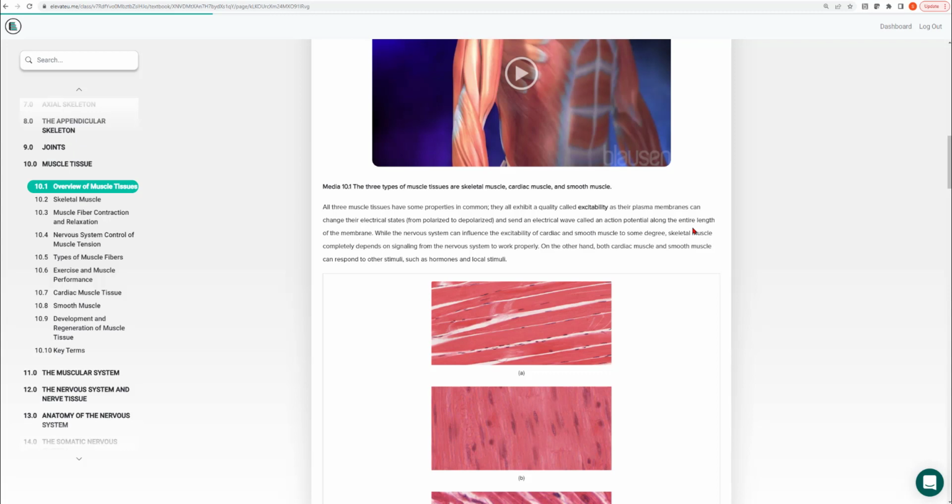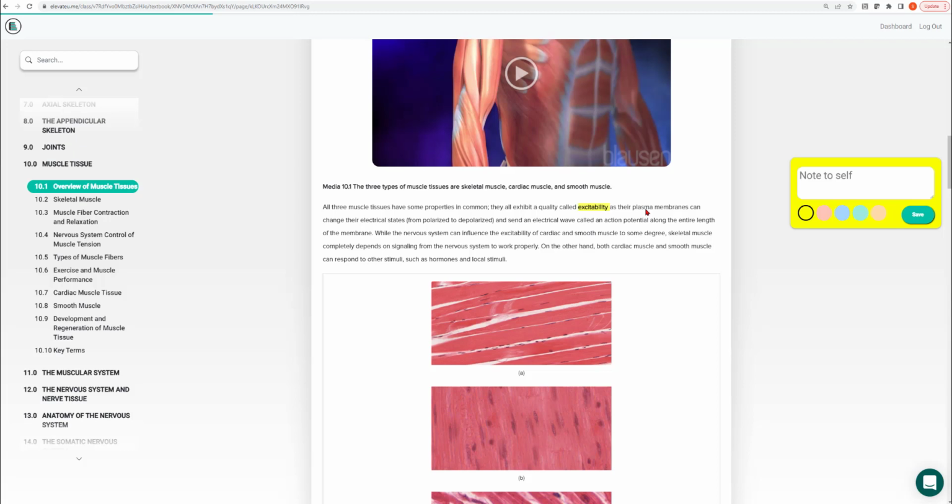So you've learned a number of different connective tissues. Now we're going to take a look at muscle tissues, and they have some special characteristics about them as well. Number one, muscle tissues are excitable. Excitability simply means that they are going to change their electrical activity from signals received from the nervous system.